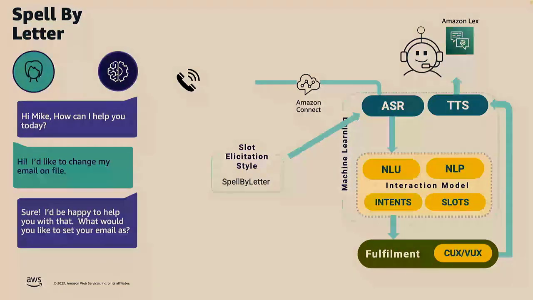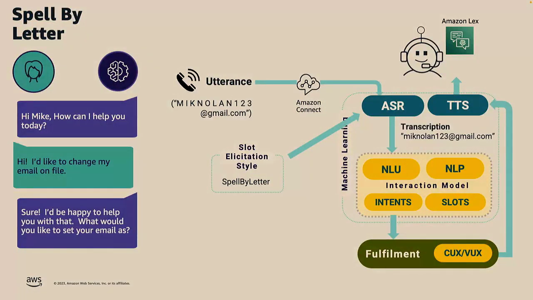So in our response back to our customer, maybe we say, sorry, I didn't get that the first try. This time, let's try to spell it out letter by letter. And the customer could say, micknolan123@gmail.com. And the bot can successfully transcribe that then.